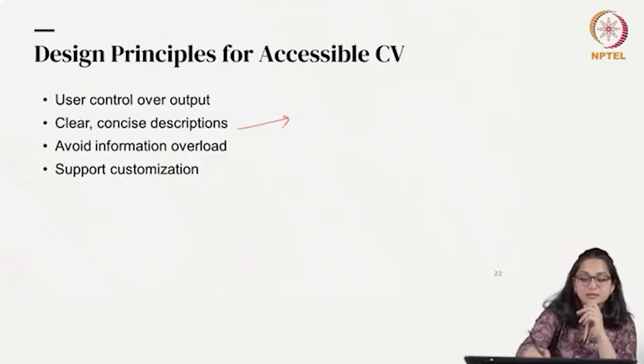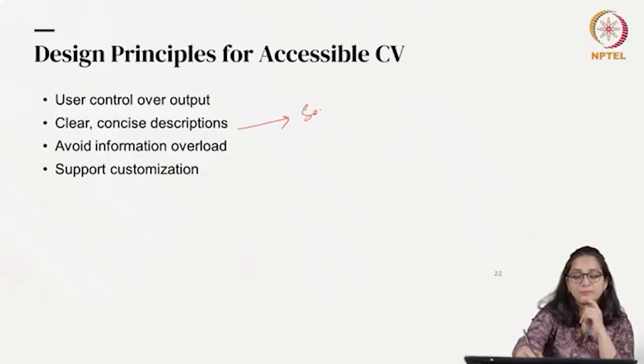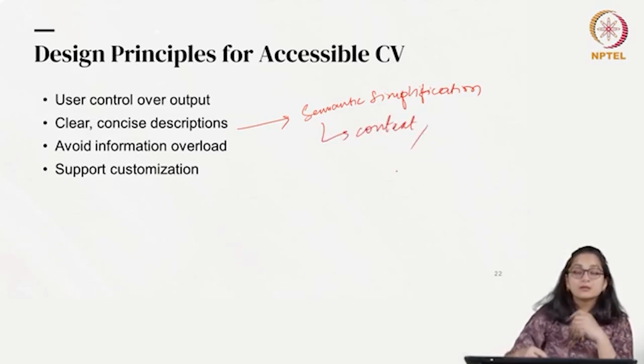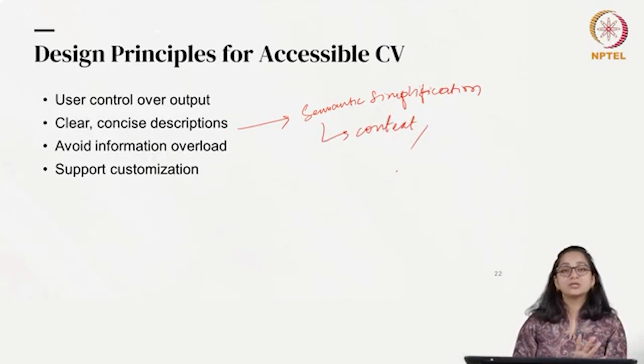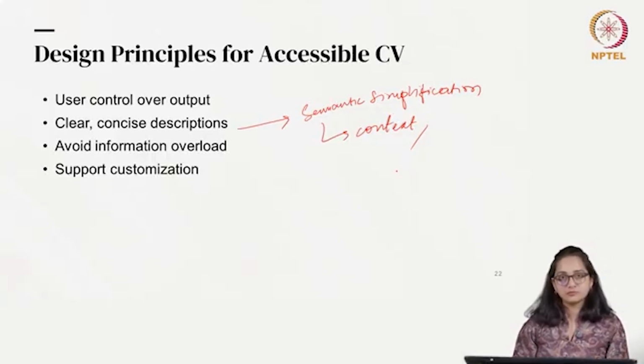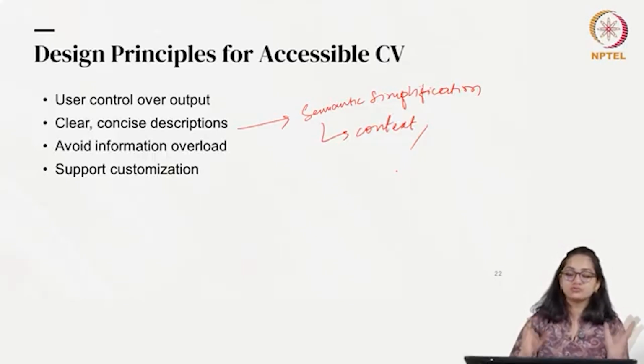This part may require a lot of semantic simplification, which again may be context dependent, and which is still work in progress. And this offers a good opportunity for innovators and researchers to look into something like this as well.